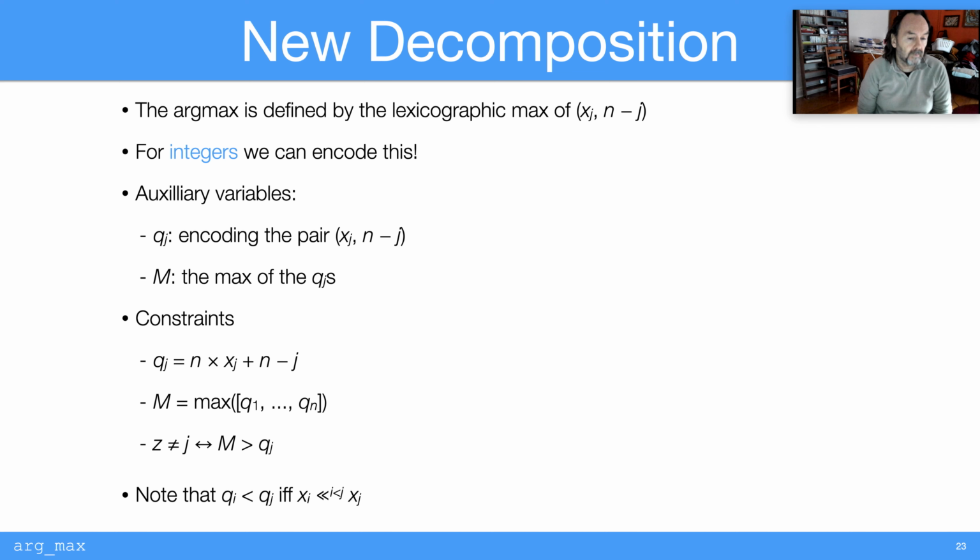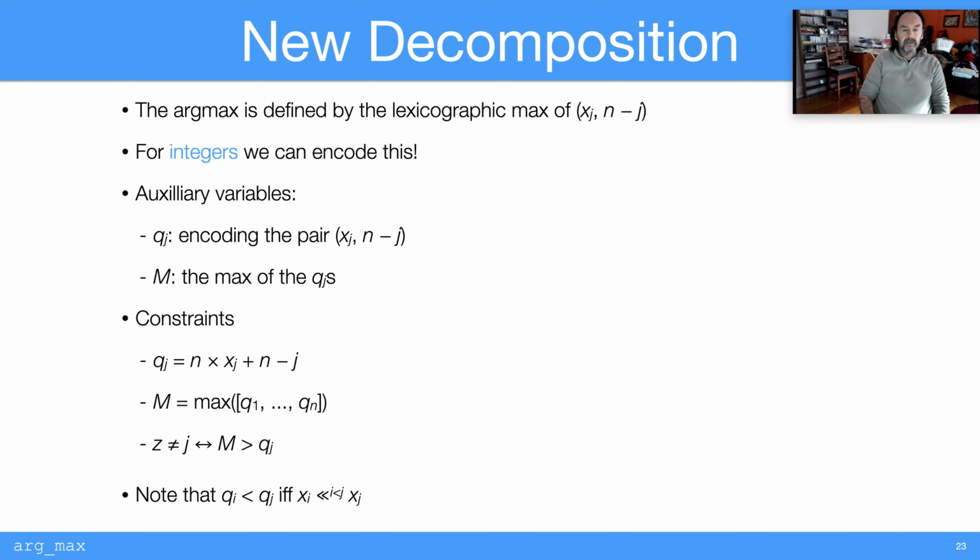And then the real work is done by this last thing, which says that z is not equal to j if and only if m is greater than qj. So basically, if you're not the maximum position, then you can't be the argmax. And this works because qi is less than qj if and only if the xi less than or equal to xj, i less than j thing that we added in.